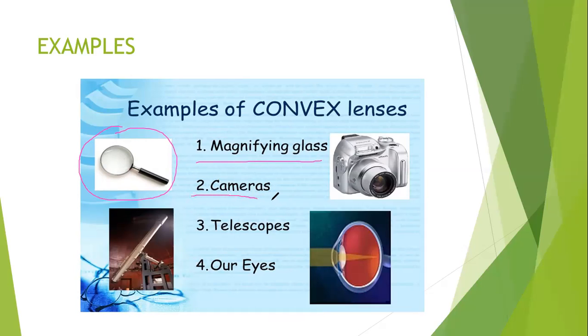In the lenses of the cameras, there is a convex lens. In telescopes, there is also a convex lens, and the human eye is the most common example of a convex lens. You can see the human eye is thicker from the center and thinner from the edges.